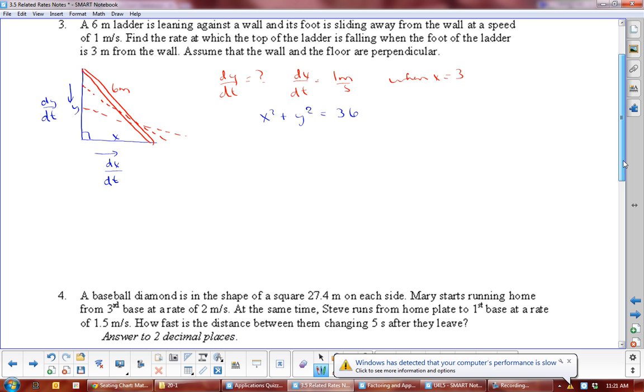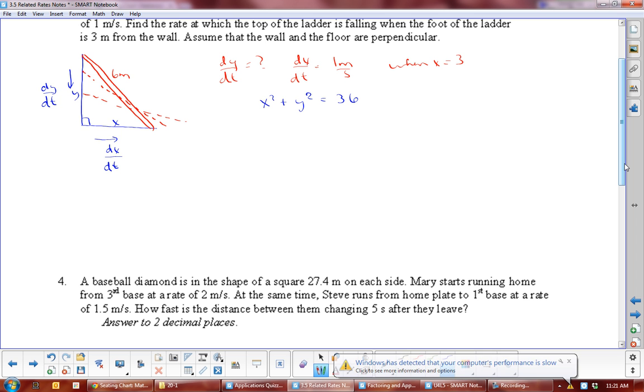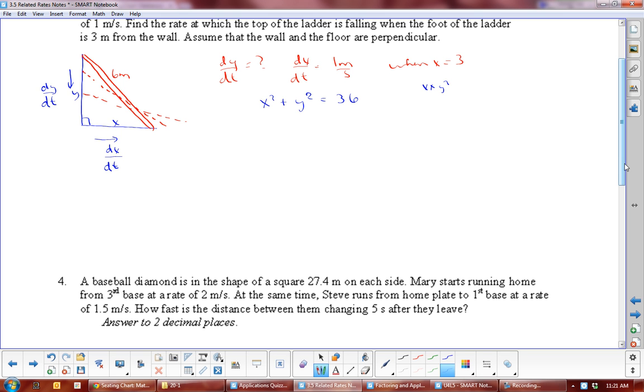Now, before you start going, yep, x squared plus y squared equals z squared, right? This is my z. It's my hypotenuse.